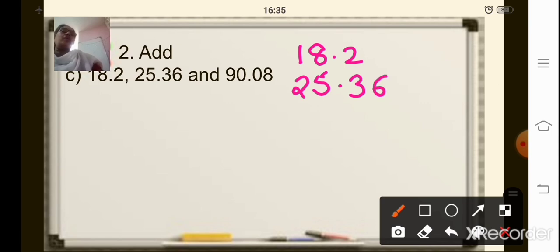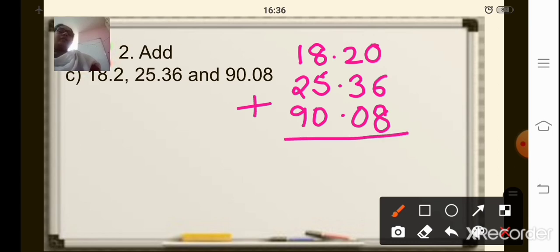Now here after 2 you don't have any number, so you can put a 0 to make it a like decimal. The next number is 90.08. Add all 3 numbers. 8 plus 6 is 14. 1 carry over here. 3 plus 2 is 5. 5 plus 1 is 6.